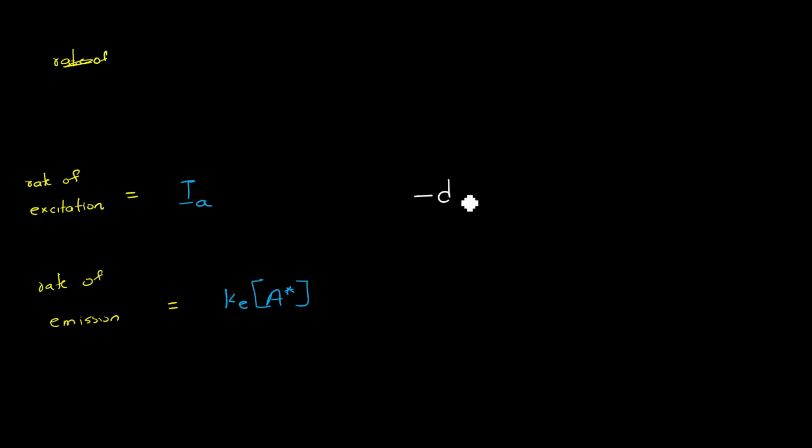Let's see, d[A star]/dt. Here I'm going to derive an expression for the rate of the formation of excited A. So let's just do it.